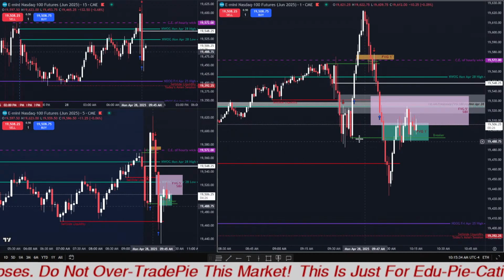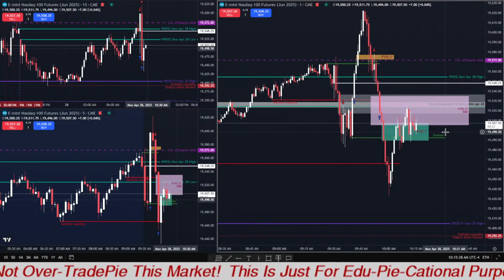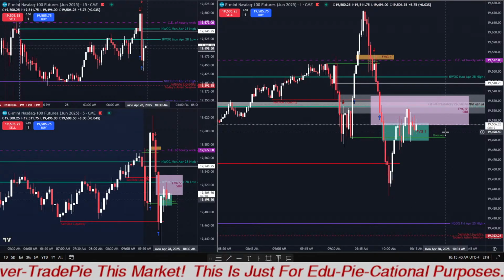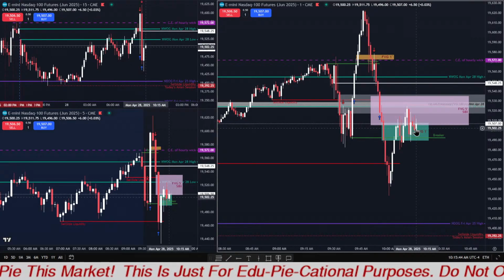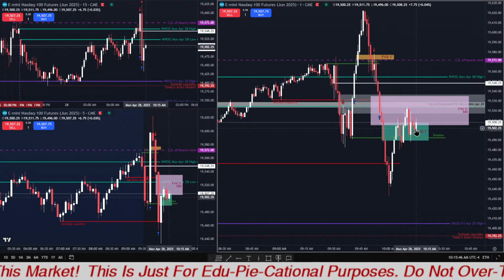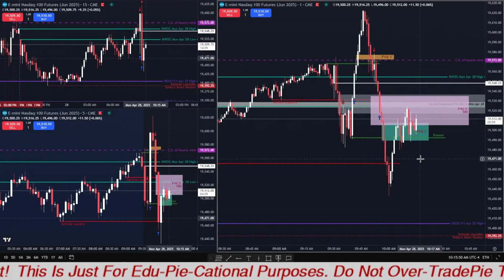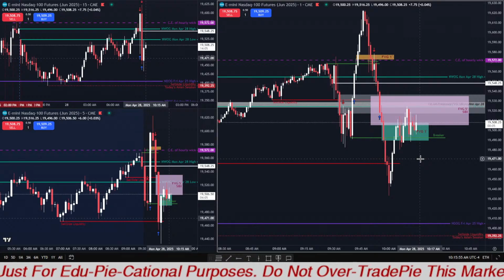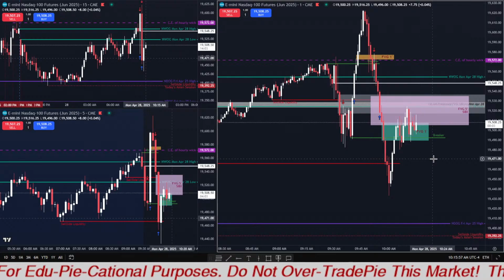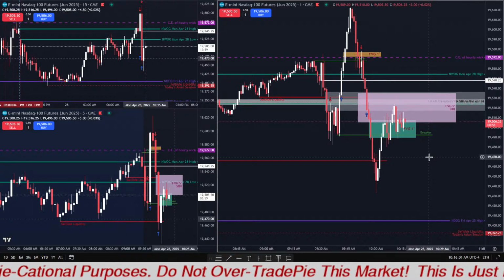We didn't leave this breaker for a good run with a big displacement, so at this point we are just accumulating for positions. This is my opinion. What I have to do is just wait and be patient so I get more confirmation from the market.